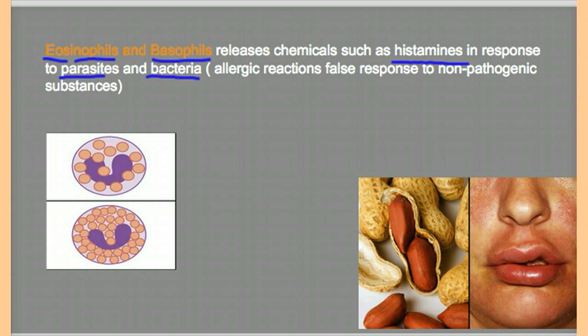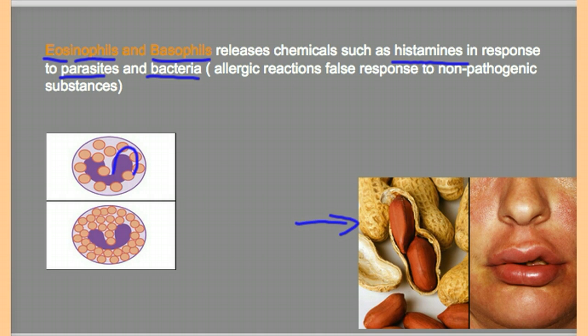So you might be eating a peanut, and all of a sudden you have an inflammatory response, and you're swelling up because your body is producing histamine, thinking that it is a parasite or a bacteria. So the eosinophils or basophils are the cells responsible for releasing these chemicals in defense.